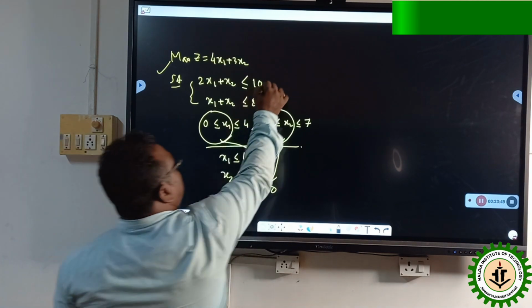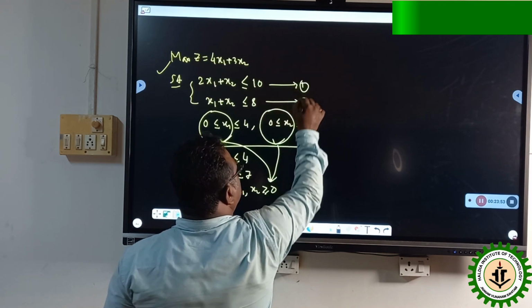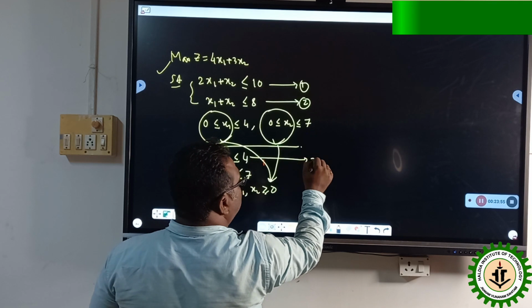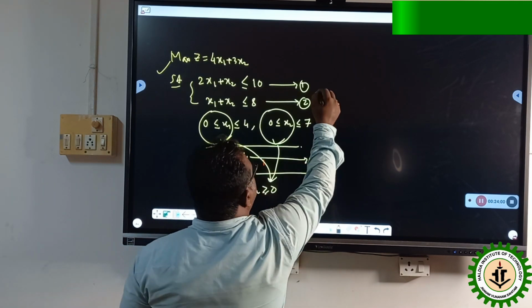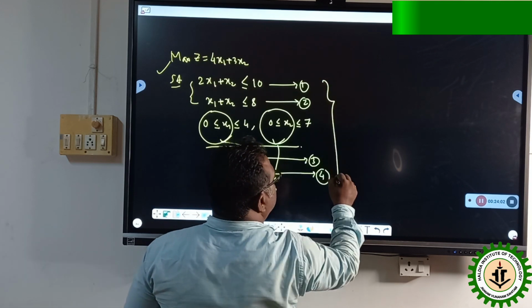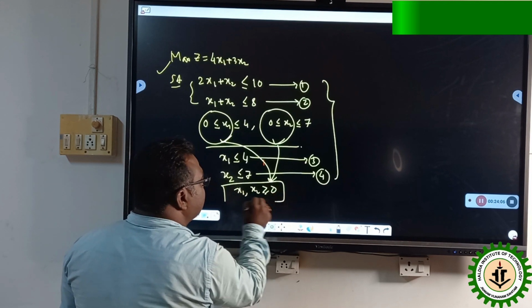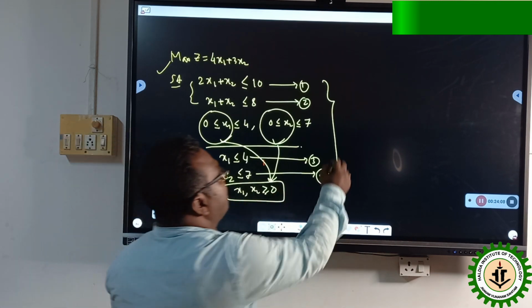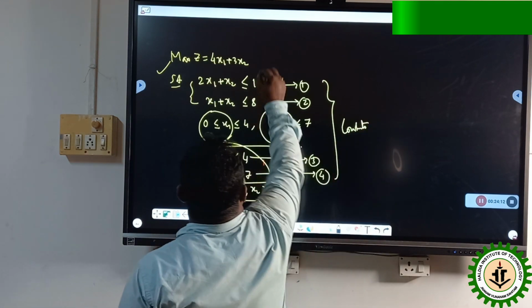This is constraint number 1, this is constraint number 2, this is constraint number 3, this is constraint number 4. These are the constraints, and this is your non-negativity restriction. And this is our objective.